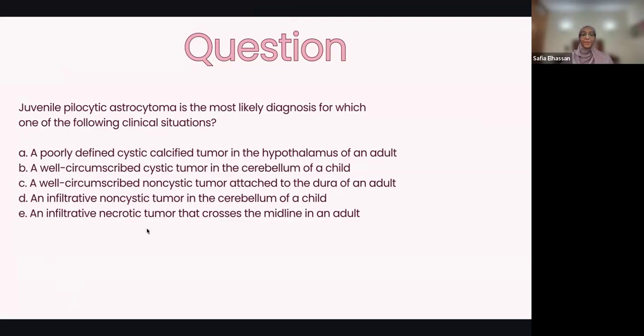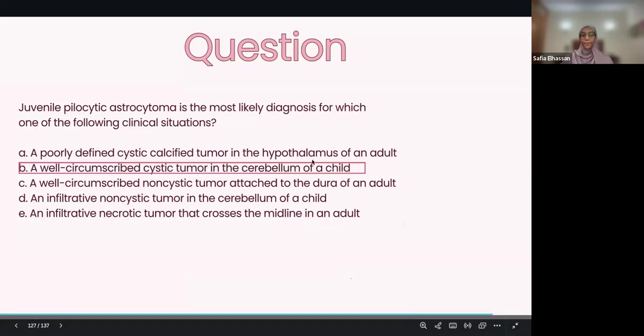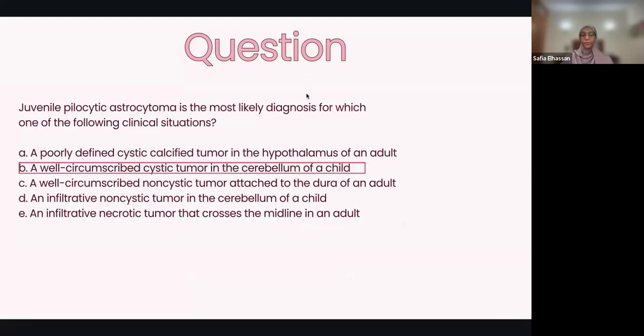B, yes. Okay, B is correct. So do you guys know what the other tumors are? A, which tumor has calcifications? Oligodendroglioma, yes, correct. A well-circumscribed non-cystic tumor attached to the dura of an adult. So dura is a meningioma, yes.